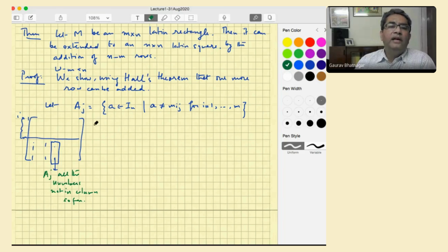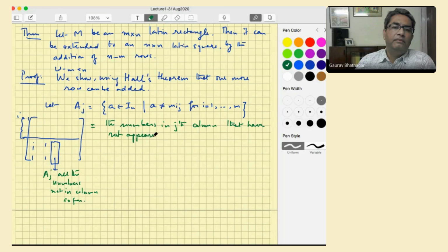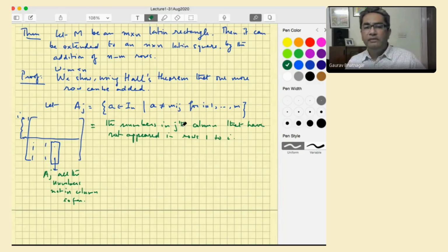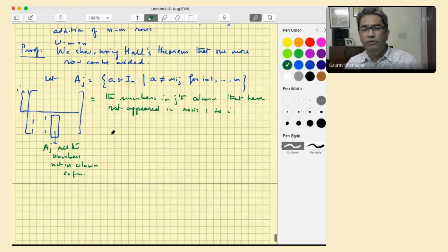These are the numbers in the jth column that have not appeared so far in rows 1 to m. So these are the potential candidates for putting it over here.